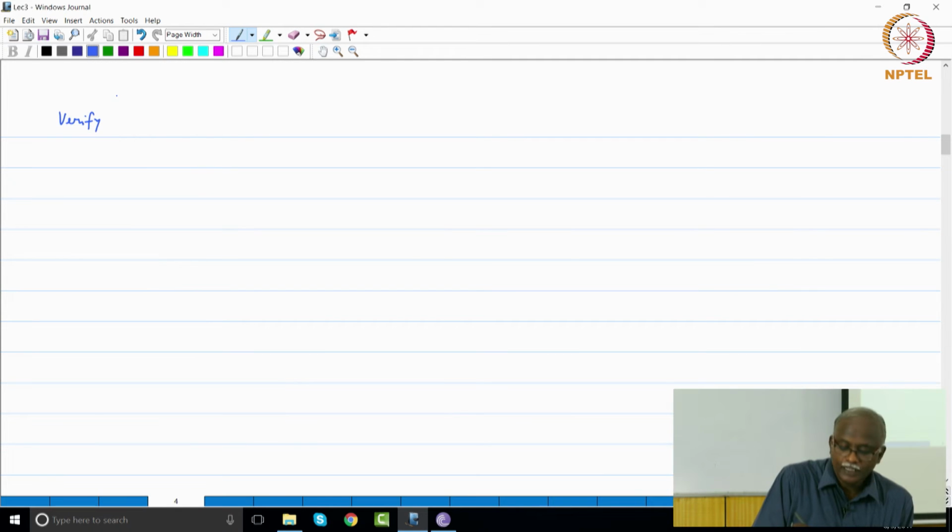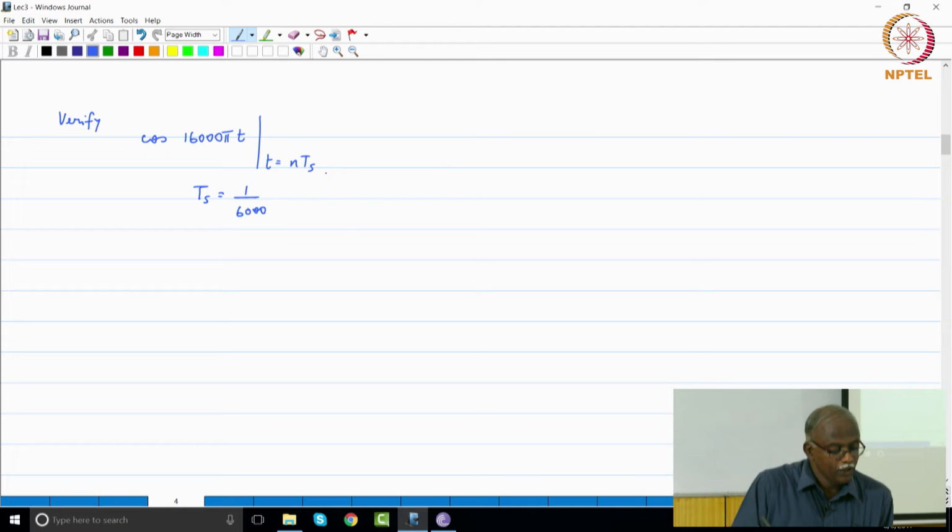Verify that cosine 16,000 pi t, when you sample it at t equal to nTs, Ts equal to 1 over 6000, gives x of n equal to cosine 2 pi by 3 n. Okay.